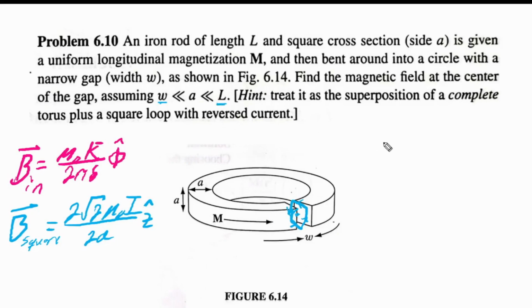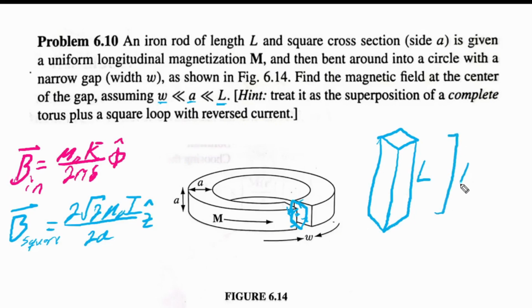that if we take a very long square cylinder of length L, and we bent this into a shape of a torus, leaving a tiny little gap, a very, very small gap, then wherever we are, because all of these quantities are much smaller than L, we can just assume we use L, or the inner radius here, instead of some L plus some A over 2.